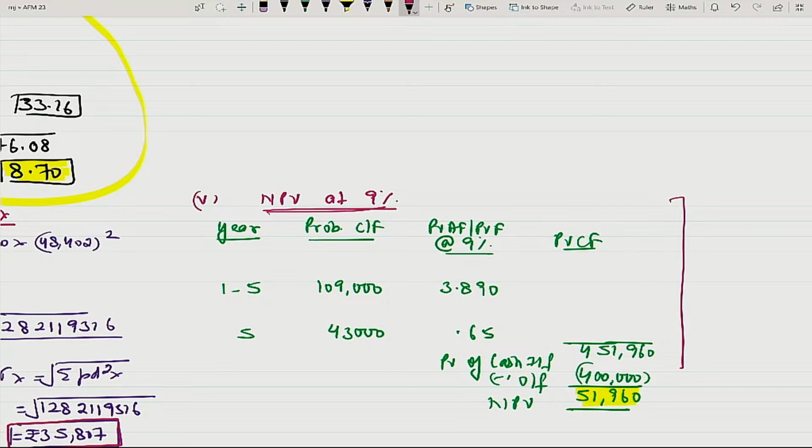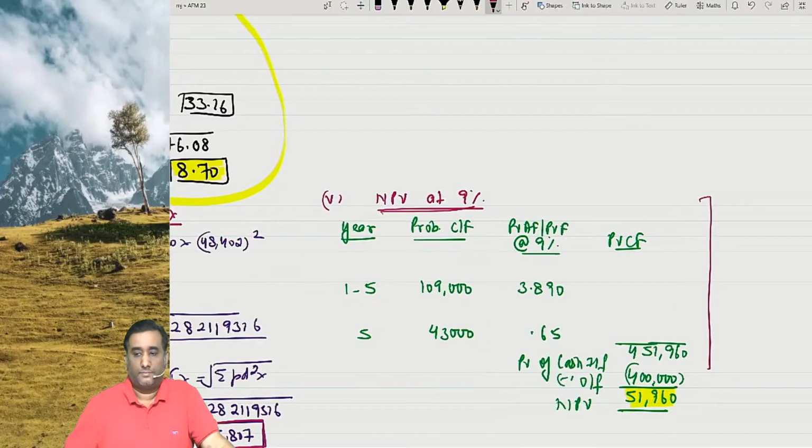Now let me go back to the inflation topic which we have done. If you want to recollect or revise, you can do your working of inflation. We had the inflation concept: real cash flows will be discounted by real rate, nominal cash flow will be discounted by nominal rate.